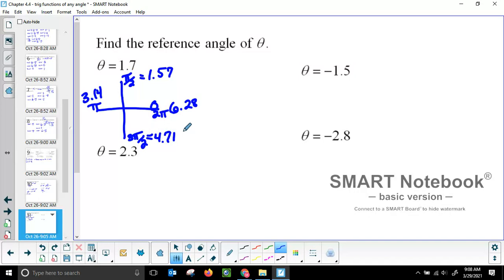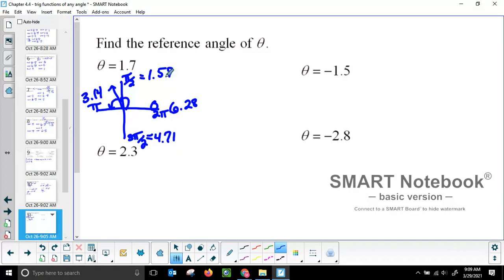Now we can think of it the exact same way as before. So 1.7 is obviously going to be up here somewhere. The bottom one is 3 pi over 2. Obviously my fastest way to the x-axis is going to be here.